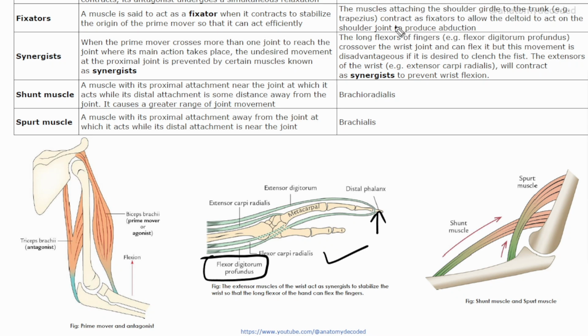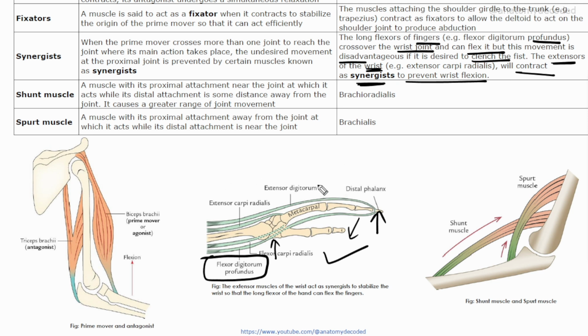Let us understand this by this statement: the long flexor of the fingers, for example flexor digitorum profundus, crosses the wrist joint and can flex it, but this movement is disadvantageous if it is desired to clench the fist. If the patient wants to clench the fist, then flexion at the wrist joint should not take place. So in that case the extensors of the wrist will contract as synergists to prevent the wrist flexion.